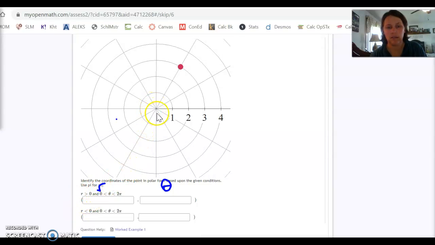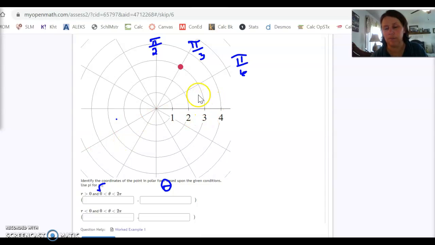So our positive r this time looks like we're going by sixths. So we've got pi over 6, pi over 3, and pi over 2. I know that because I can count how many sections are in the top half of the graph, and that tells me what my denominator is going to be for those.